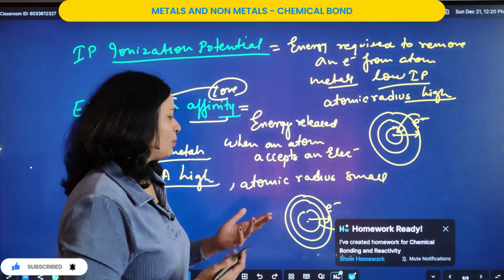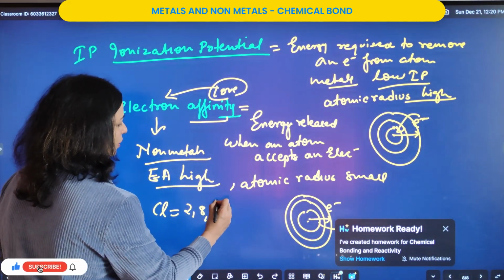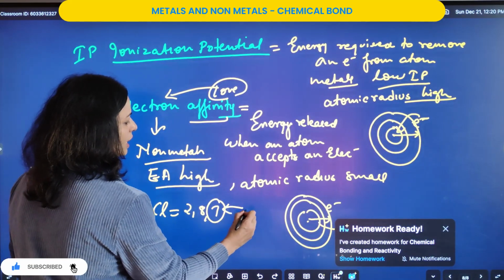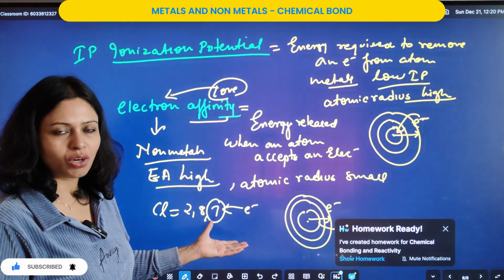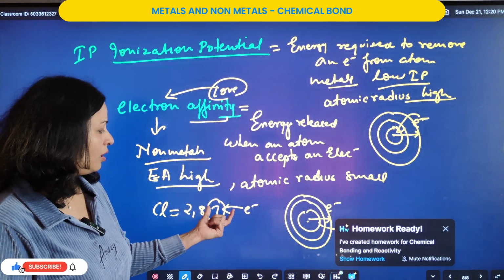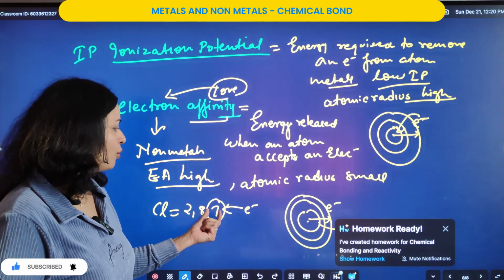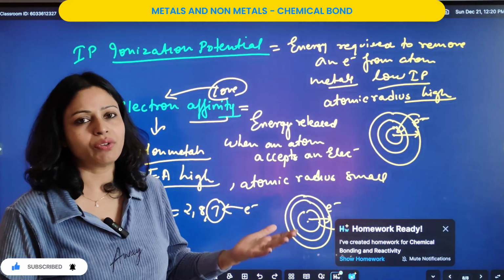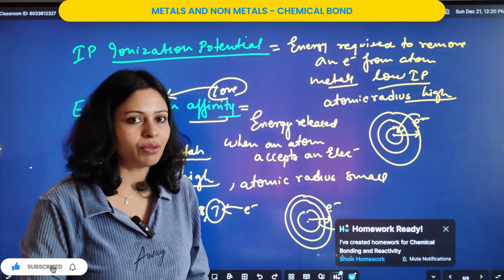Moreover, take the example of chlorine, 2,8,7. It is able to easily accept one electron because the energy released is not much, and it can form a stable nearest noble gas configuration. But to remove these 7 electrons, a very high amount of energy needs to be supplied, which is not a thermodynamically stable state.